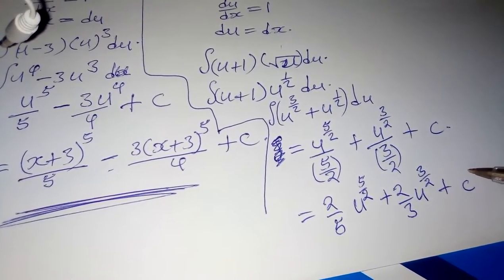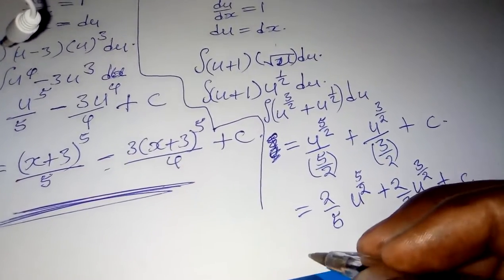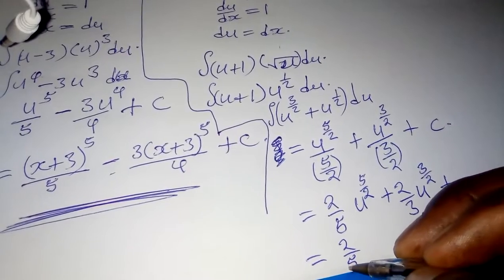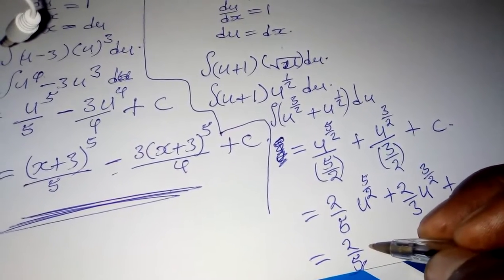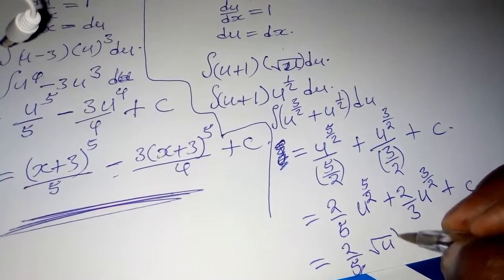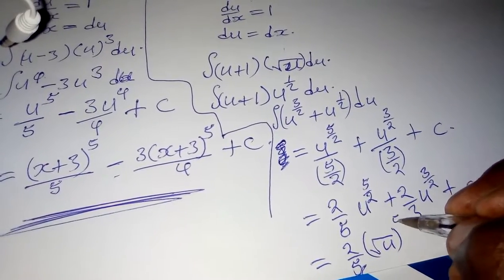So how do you finish up this? This can also be written as 2 over 5, and this u to the power 5 over 2 can be written as the root of u raised to power 5.